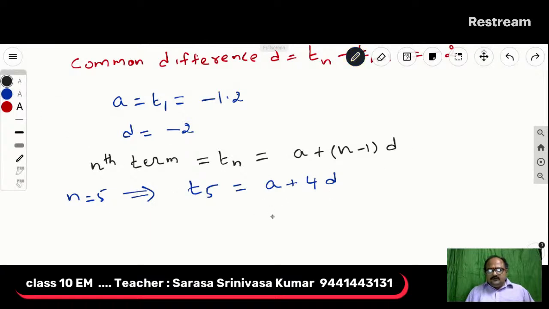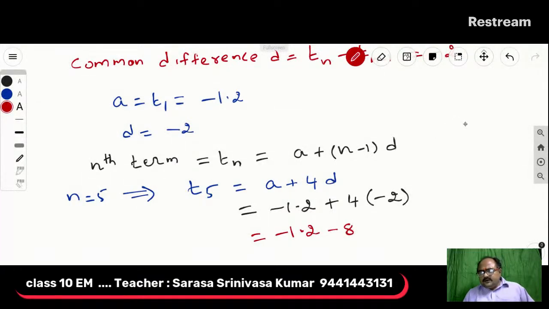This is equal to A is minus 1.2. Minus 1.2 plus 4 multiplied by minus 2. This is equal to, we can write minus 1.2 minus 8. So we write here 8.0, 1.2.